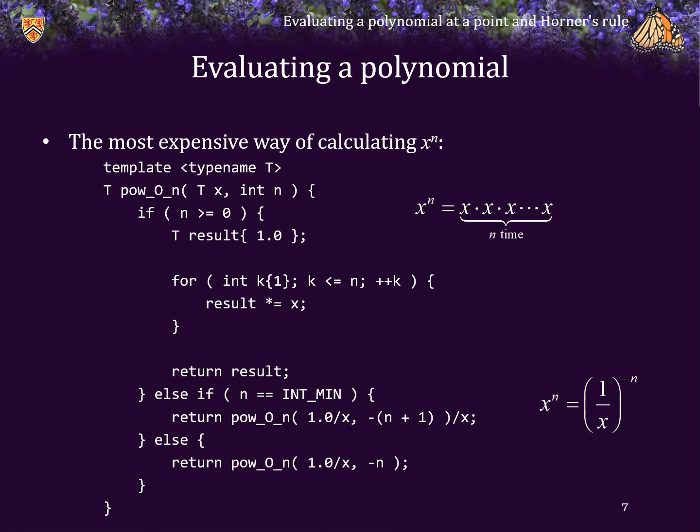And the way we do that is we use the relationship that x to the n is equal to 1 over x raised to the power negative n. However, if n is negative, then negative n becomes positive.